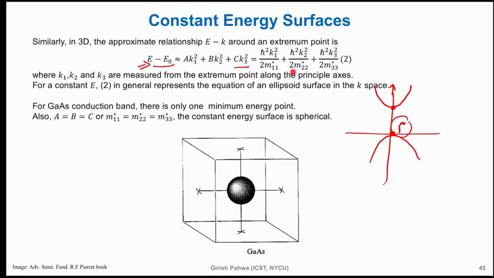So this M11, M22 and M33 will be the effective mass of the electron. For the valence band, they will be the effective mass of the hole, and they will be negative because of the inverse curvature like this. Inverse curvature will give you negative M. So this is gallium arsenide.